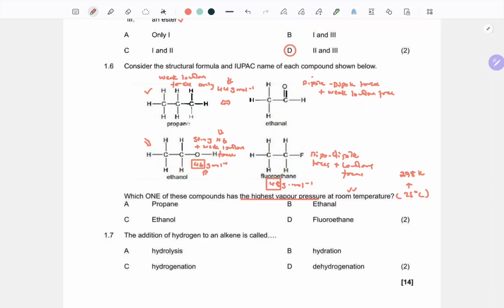That means fewer electrons participating in the London forces, themselves being weak forces compared to the rest. So essentially, I think the game of molar masses was more important here to know exactly who to choose. So the one that would have the highest vapor pressure, I would choose propane. But as you can see, it's not such a smooth decision to make. You have to really think outside the box.